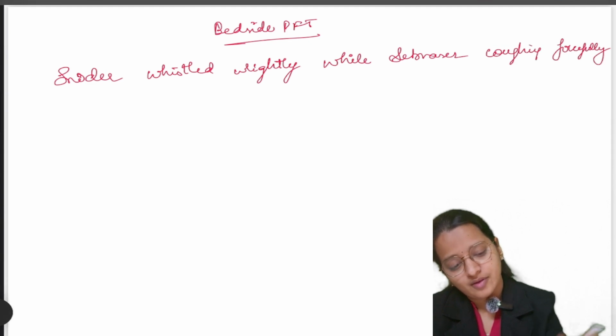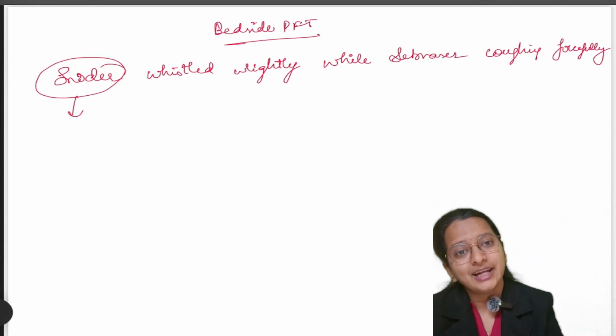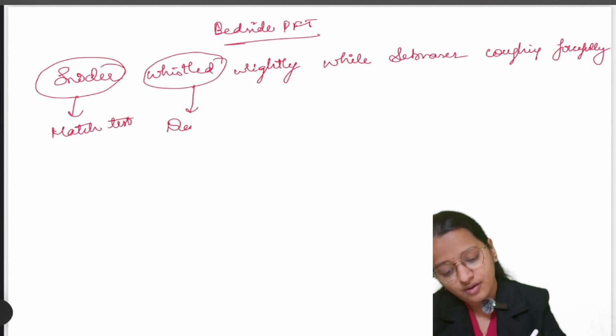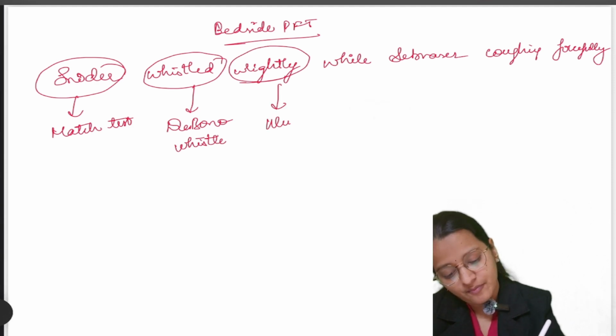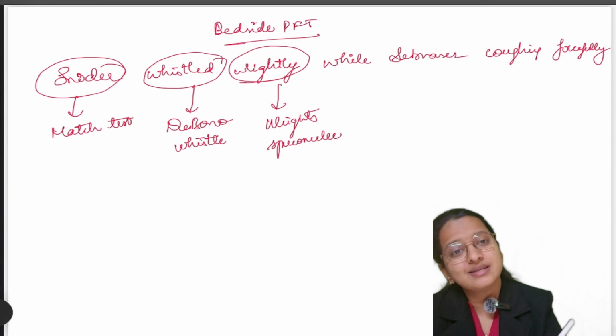From here, first Snyder: Snyder's match test. Whistles: that means the De Bono whistle test. Rightly: that means right spirometer. Sabresis has two things.